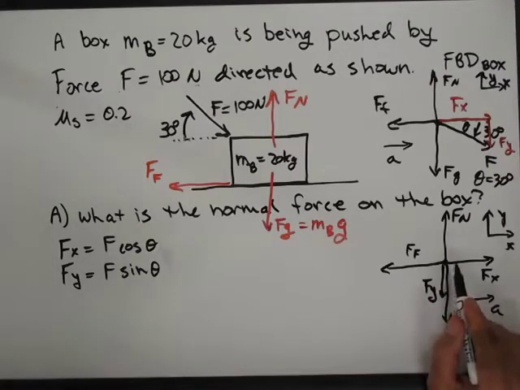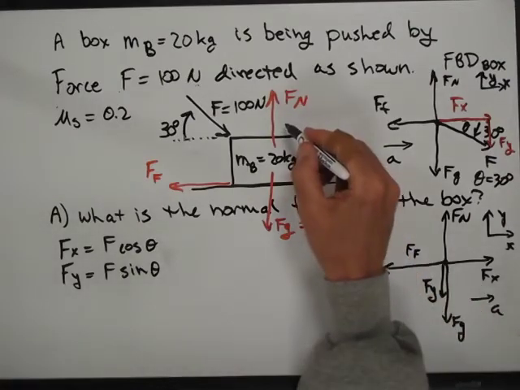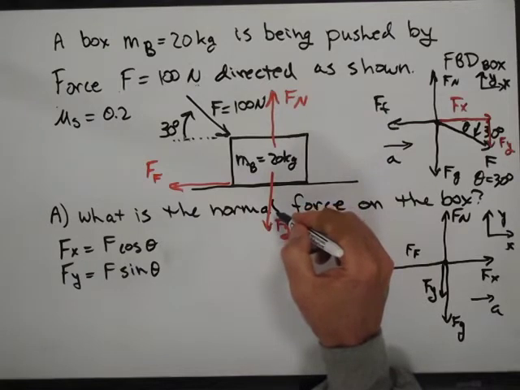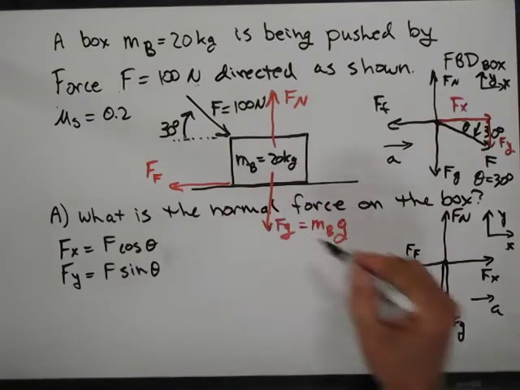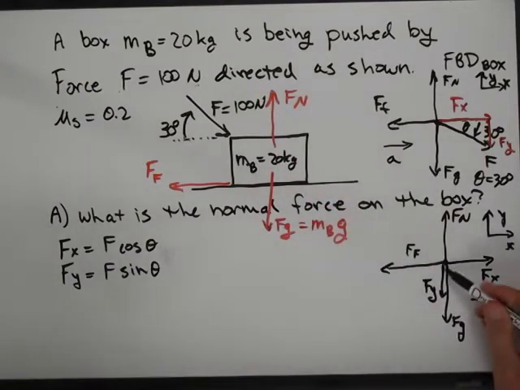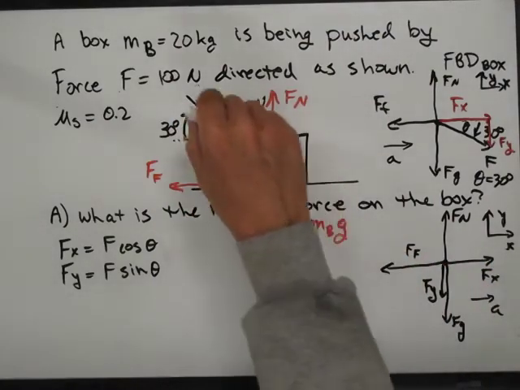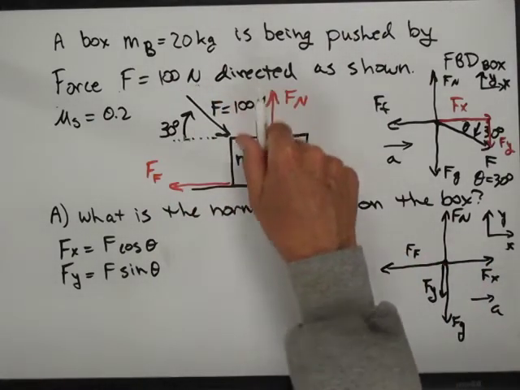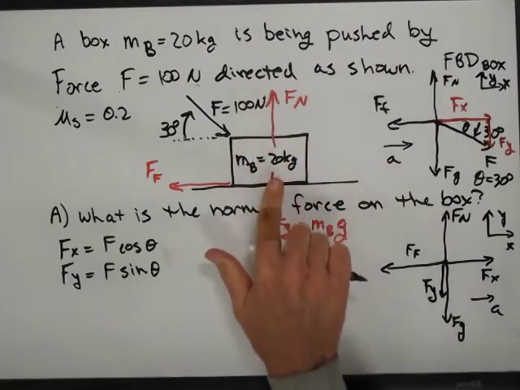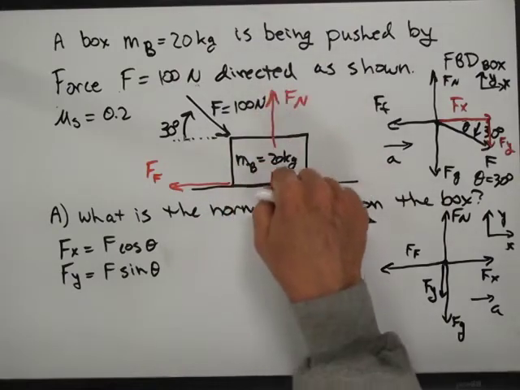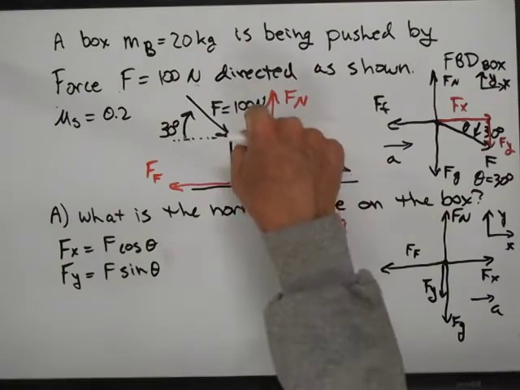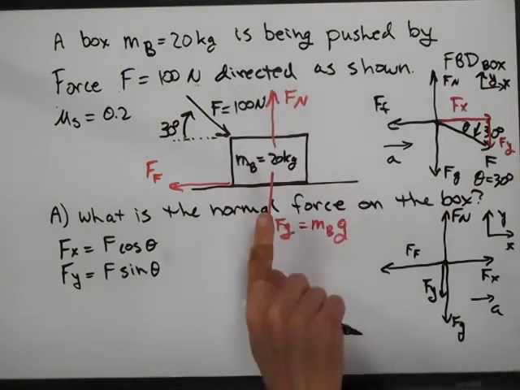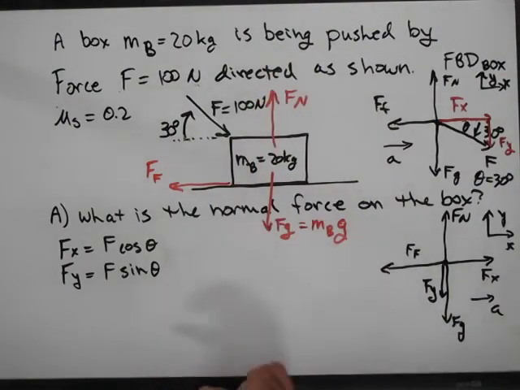The thing that you can see now is why the normal force isn't just equal to and opposite to the force of gravity: there's a component of Fy here that's also going to play out opposing the normal force. By pushing downward, you're increasing the normal force, because the normal force has to push up as hard as you push down. And since both gravity and you have some downward component, the normal force is going to have to be larger.